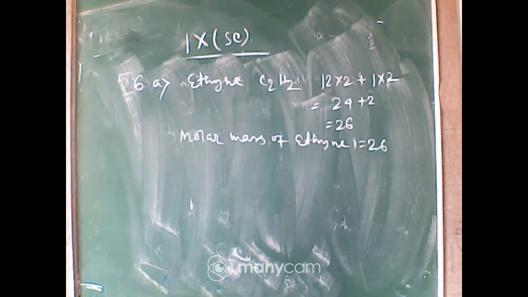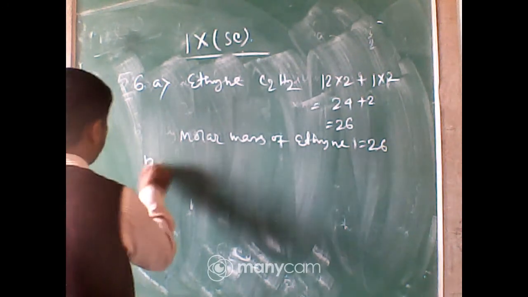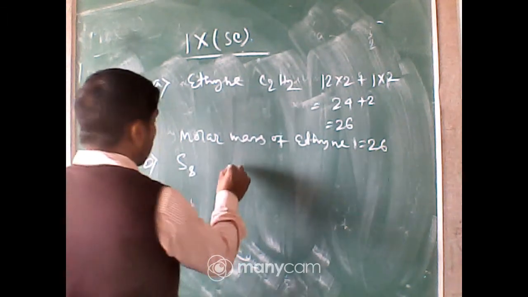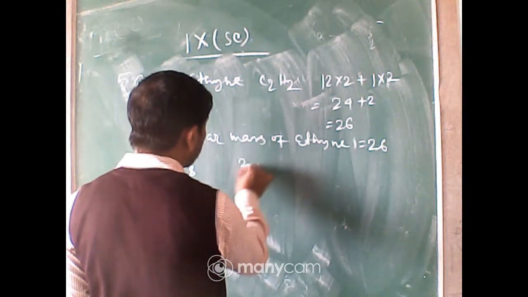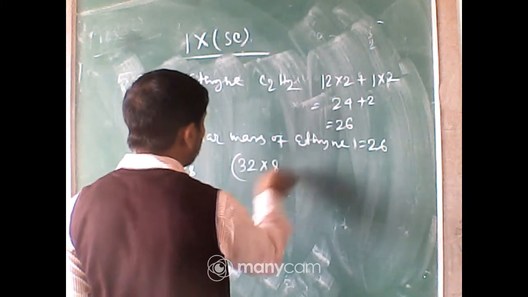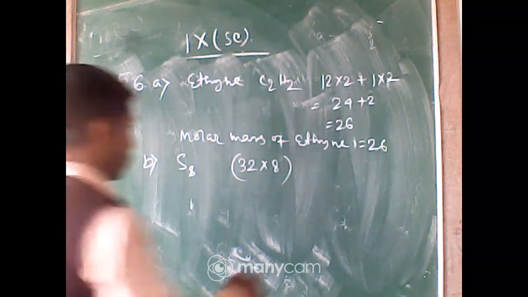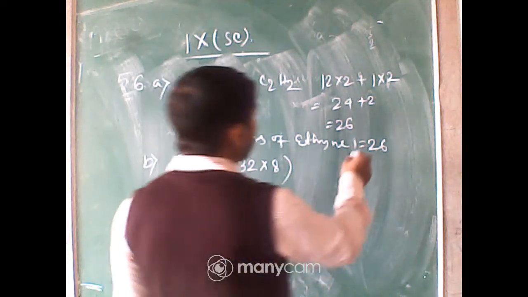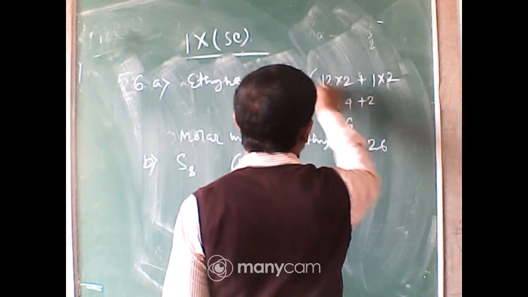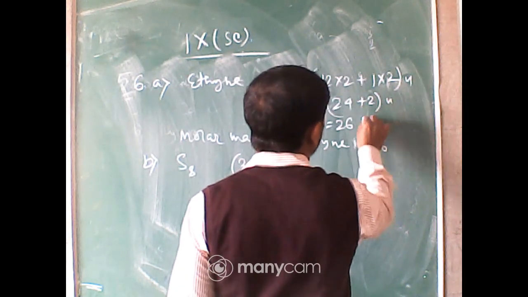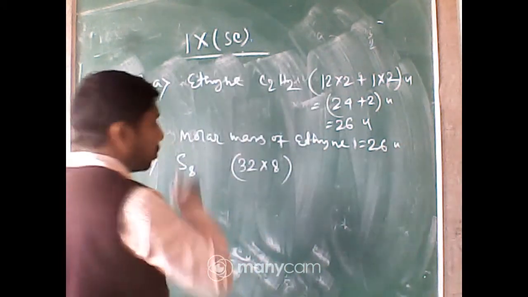that is sulfur molecules, and the formula is also given, it is S8. Number B, S8 sulfur molecule. So sulfur having atomic mass of 32 into 8. You can also write it in the atomic mass unit, that is U, all are with respect to the atomic mass unit.